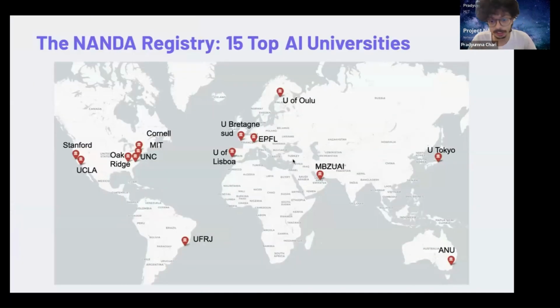One of the core components of this Nanda project is what we call the Nanda quilt of registries. This registry is a core avenue for identity, identifiability, and discoverability as part of this Internet of AI agents. Very similar to how DNS works today, this registry is decentralized, distributed, and governed by neutral academic institutions around the world.